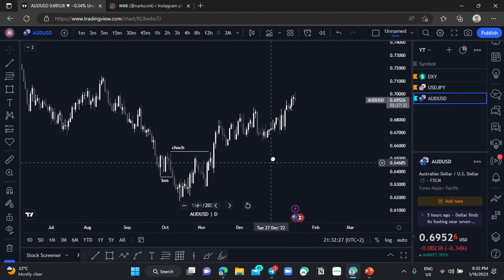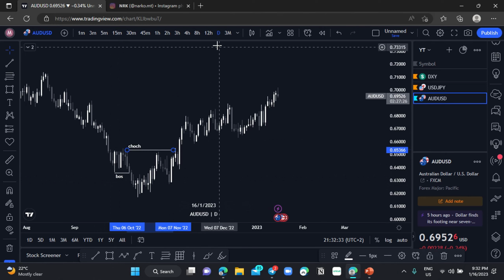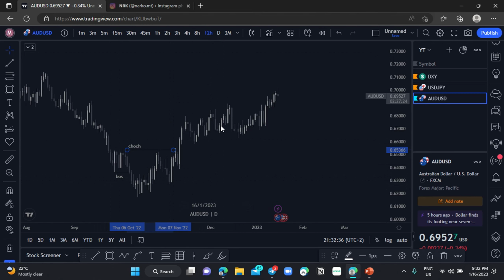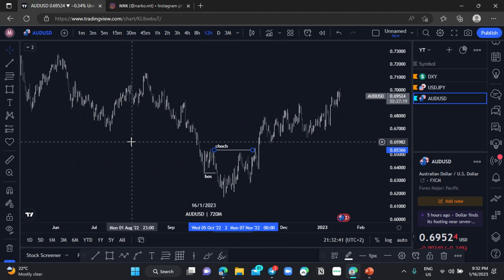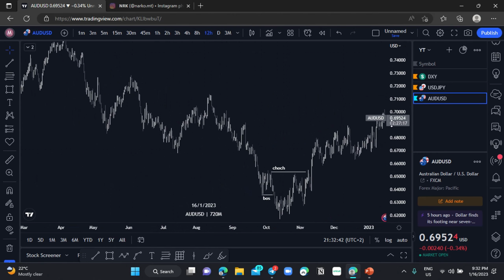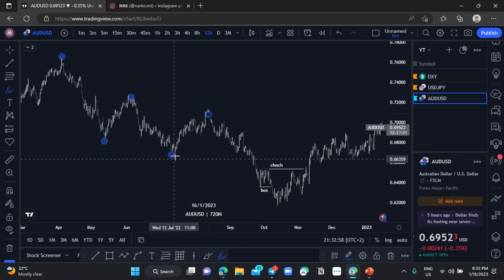Okay, so how is this our lower high and this our lower low? If you move to the 12 hour chart, you can see price has been moving bearishly, meaning that here we have this lower high, lower low, lower high, lower low, lower high. You can see I can't consider this as a lower low because it didn't violate our previous lower low.